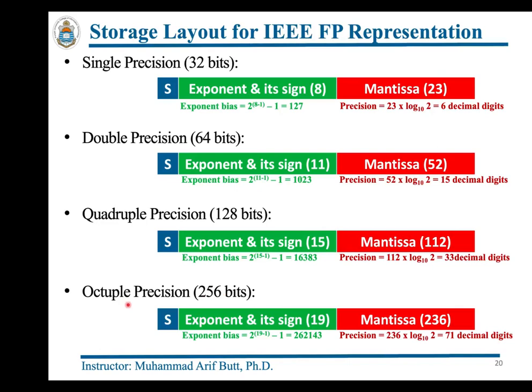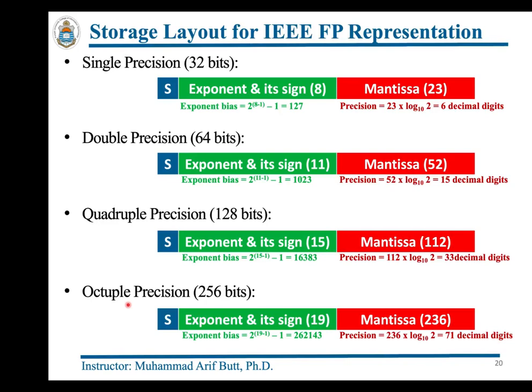And of course, we have already discussed on the previous slide that these different storage patterns give the user different range and precision. There is one more point that I want to clarify over here, that these four storage layouts are given by the IEEE 754 standard.